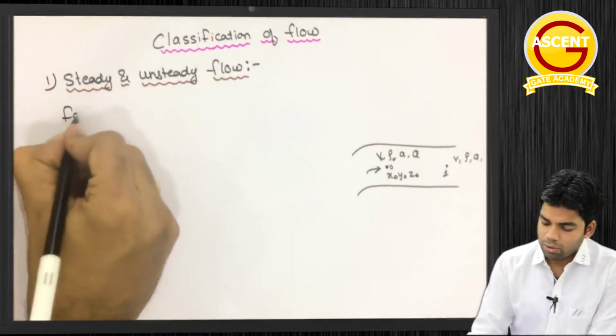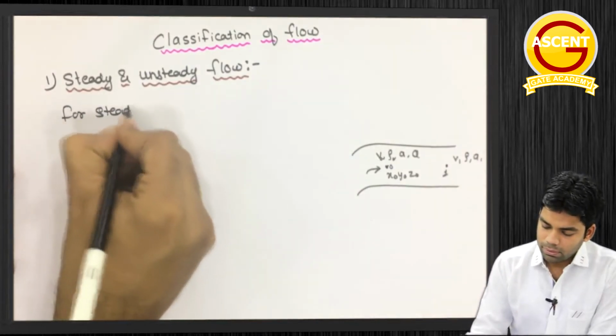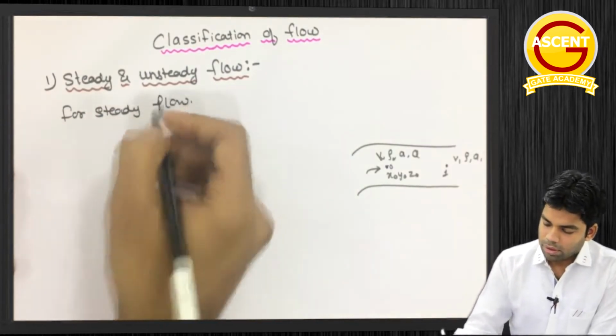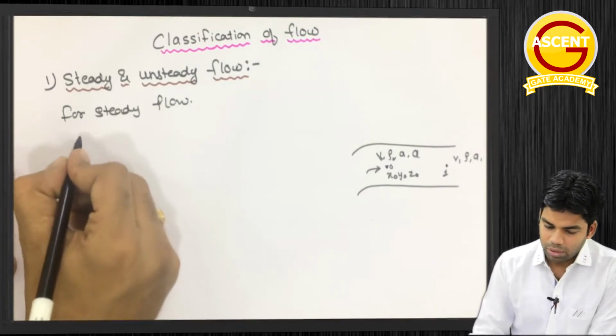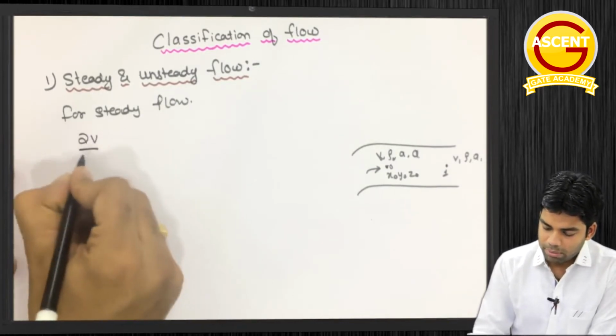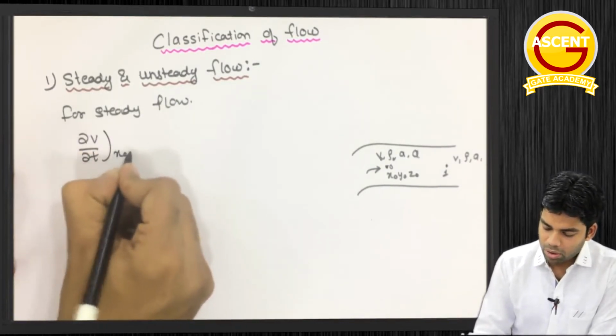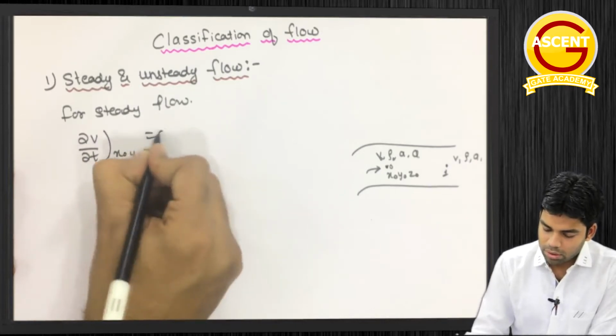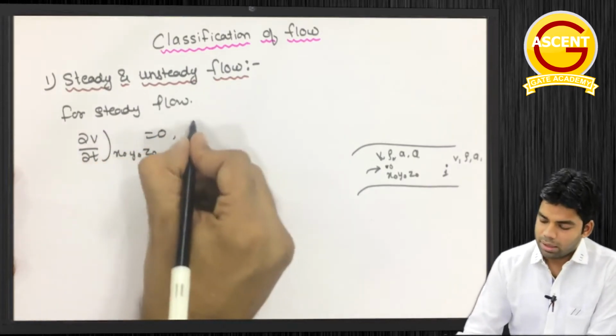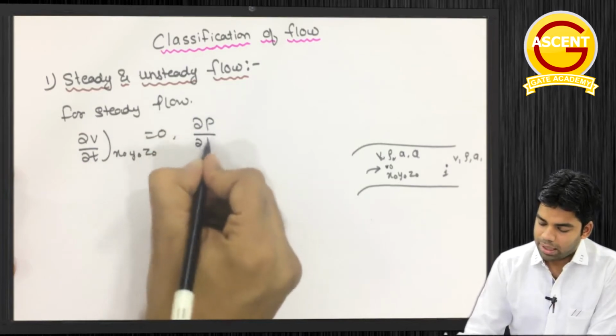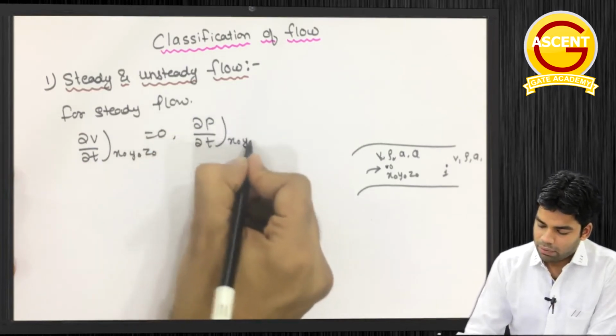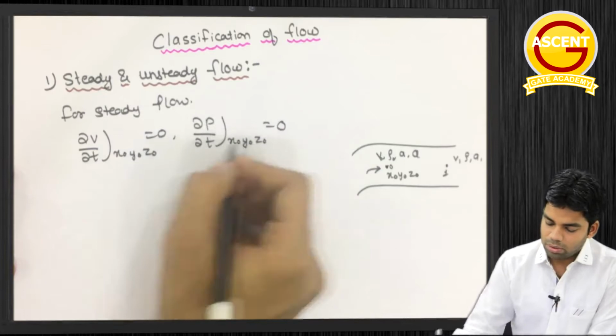Okay, so in the form of equation, how can we write this? So for a steady flow, the properties do not change with respect to time. That means del v by del t at x naught, y naught, z naught is equal to 0. Similarly pressure, del p by del t at x naught, y naught, z naught is equal to 0.